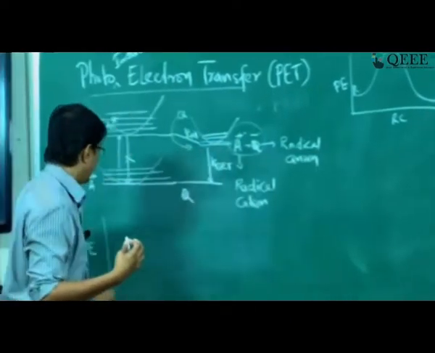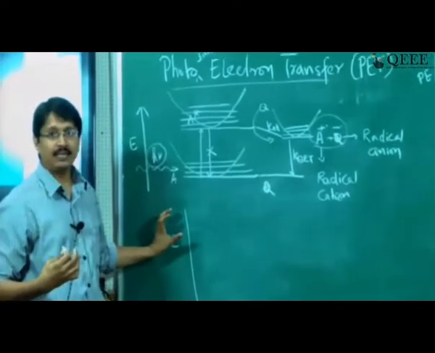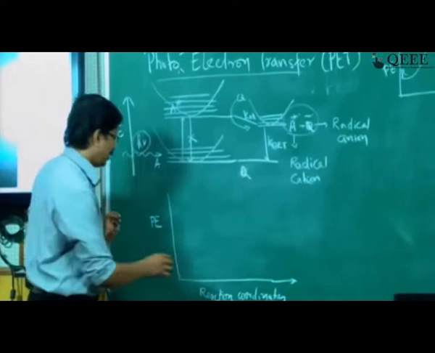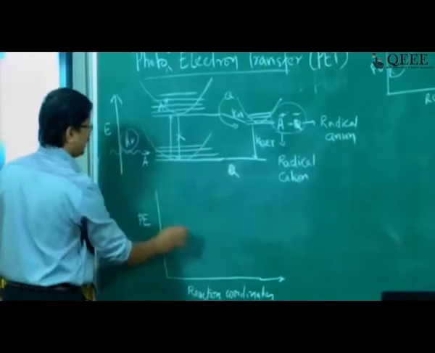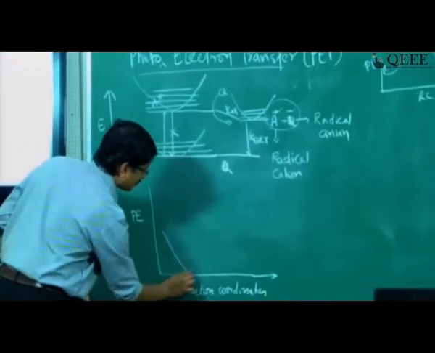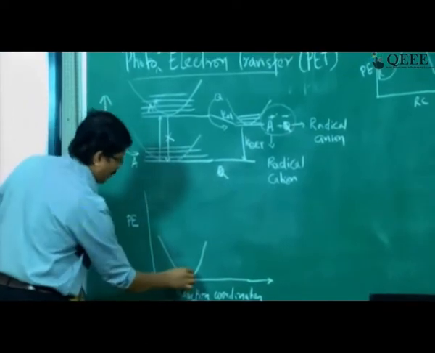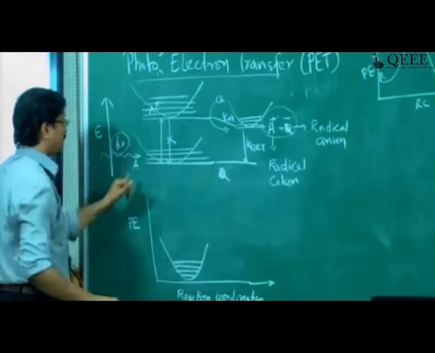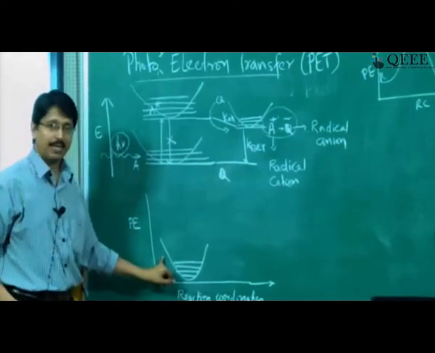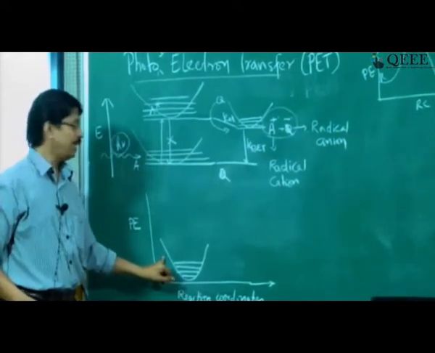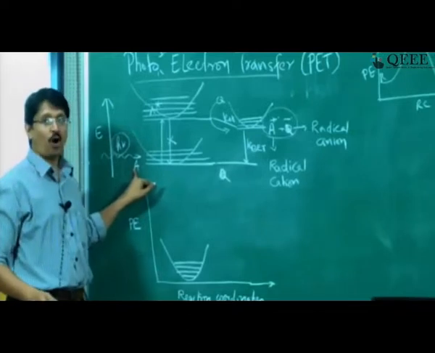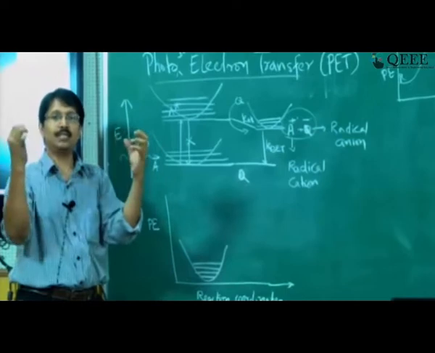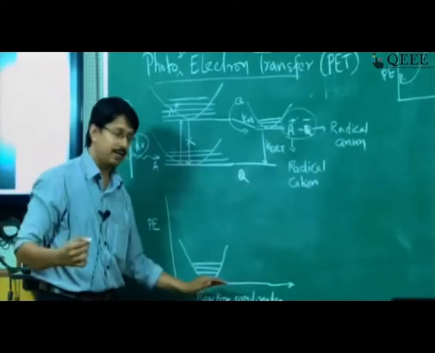So we will come back here: how does the potential energy change as a function of reaction coordinates? That is the question. I can represent the same energy, the ground state, like a parabola. These are the vibrational energy levels. So the same electronic state I can represent like this. What I am trying to say is, this particular molecule is formed by bringing two atoms together, so the internuclear distance of these two atoms is what I am plotting here.